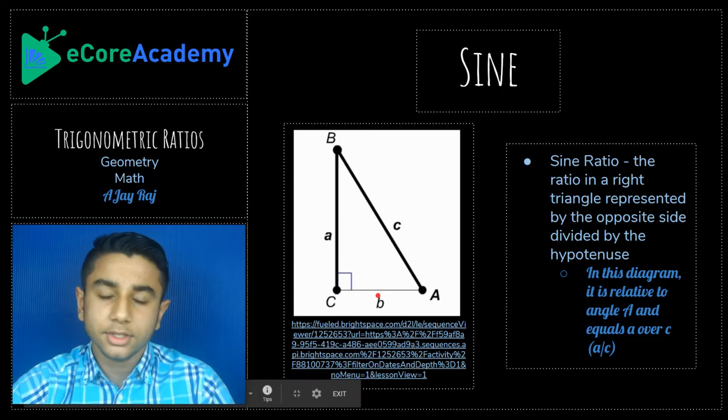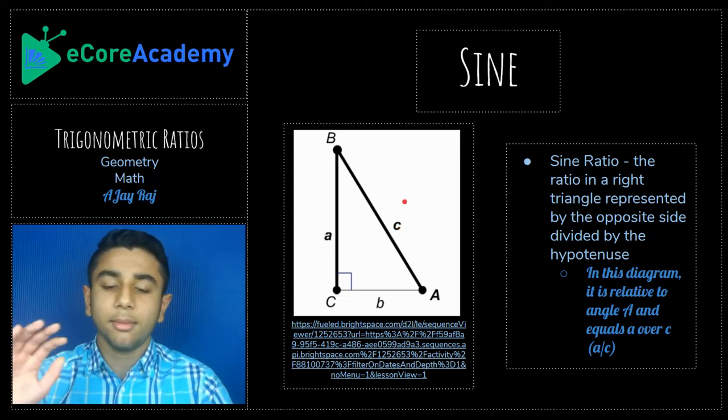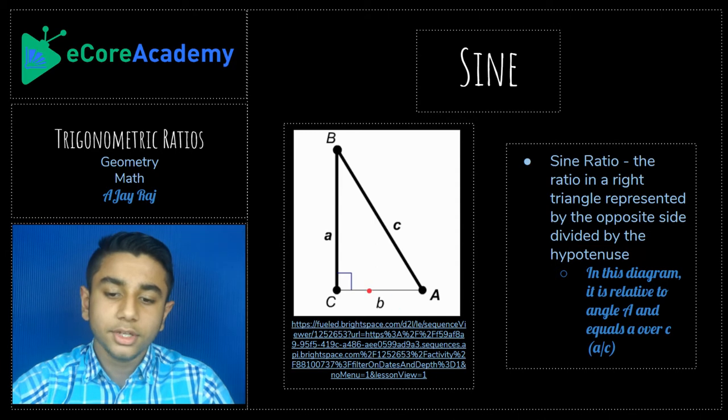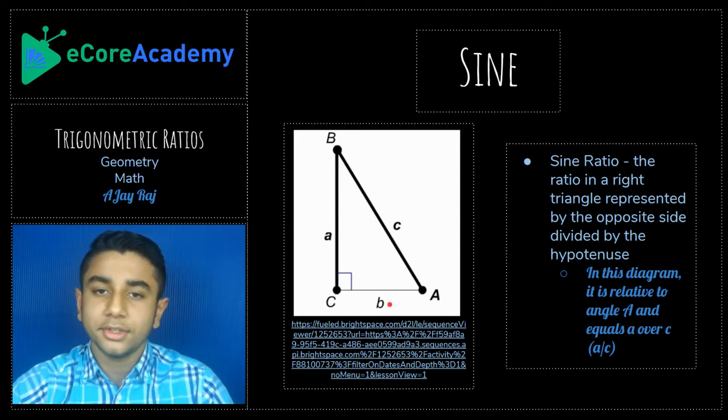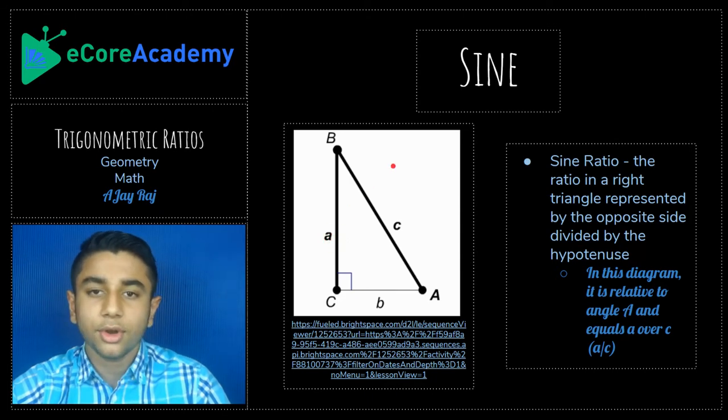It's a part of the angle. The reason that C is not considered the adjacent side is because it's the hypotenuse, and the hypotenuse always stays as the hypotenuse. So the only other side that's considered the adjacent side to the central angle is side B. Therefore, the opposite side of this central angle, the one that's directly across, is length A. That's how you determine your adjacent, your hypotenuse, and your opposite.